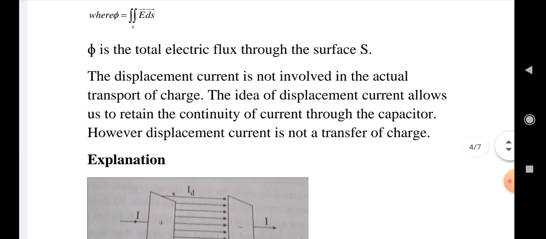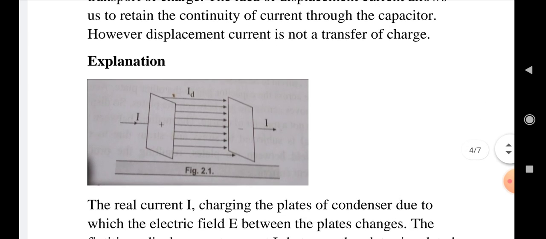Now consider the two plates. The first plate is positive and the second plate is negative, as shown in the figure. An electric field is produced, and the direction of the electric field is from the positive plate to the negative plate.